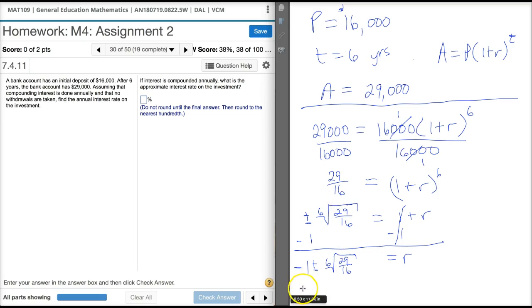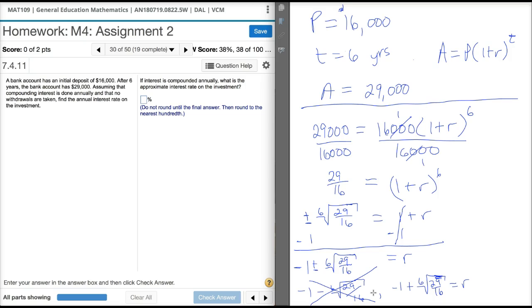Now, what this means is that either you have -1 minus 6th root of 29 over 16, or you have -1 plus 6th root of 29 over 16. And of course, having a negative interest rate here does not make any sense. So that's why that answer does not make sense.